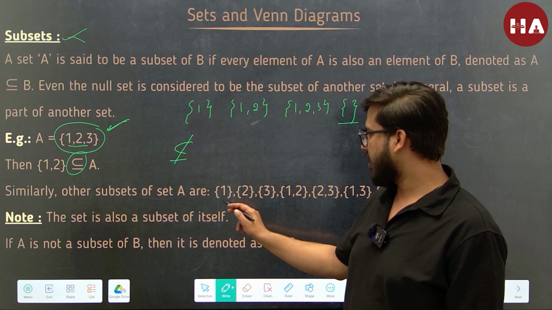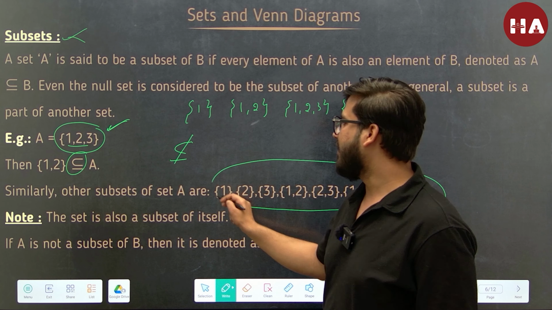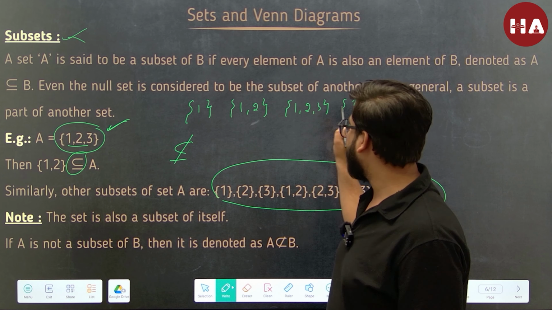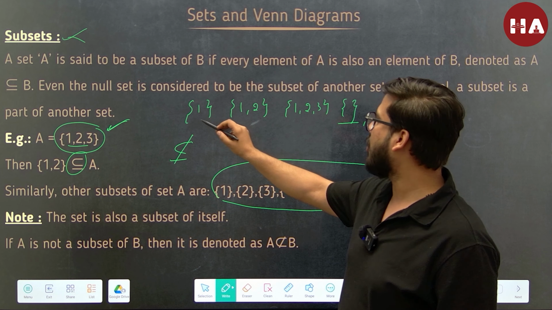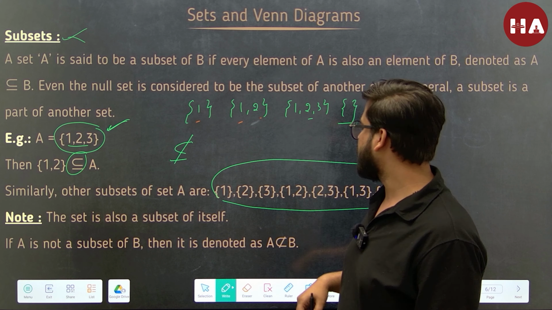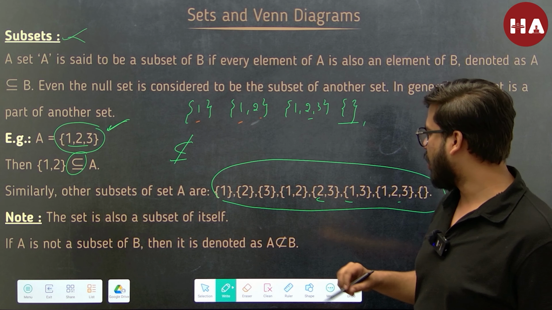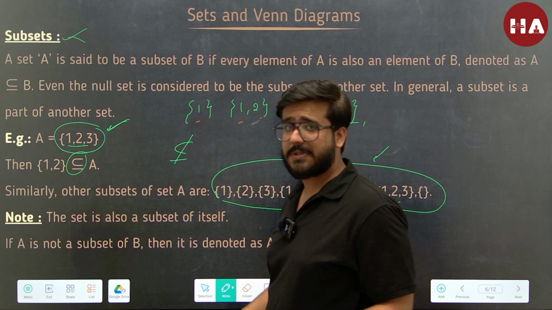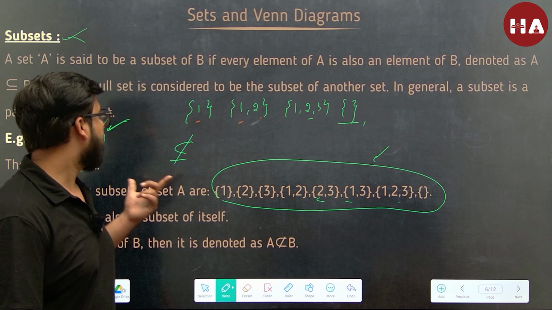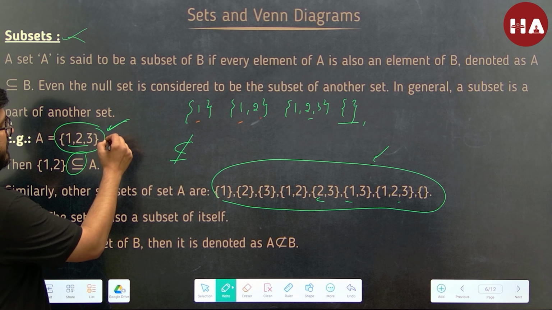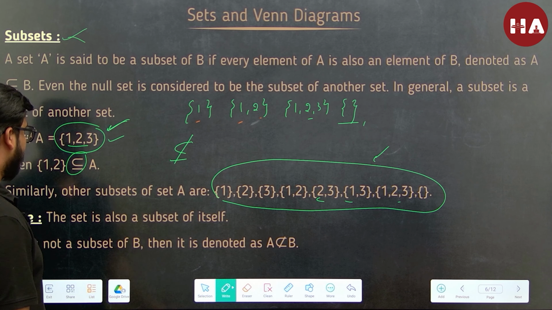Okay, so you can note this down that we have a number of elements. You can write it down multiple times also: {1}, {1, 2}, {1, 2, 3}, and similarly {2, 3}, {1, 3}, and so on. So these are the subsets that are defined for the set A that comprises 3 elements, 1, 2, and 3.